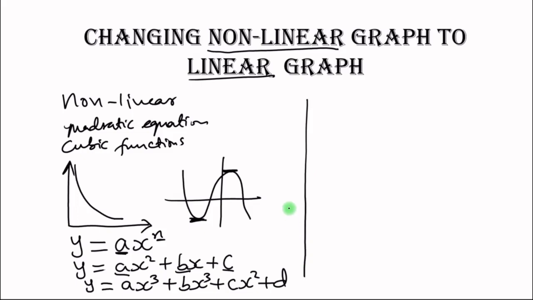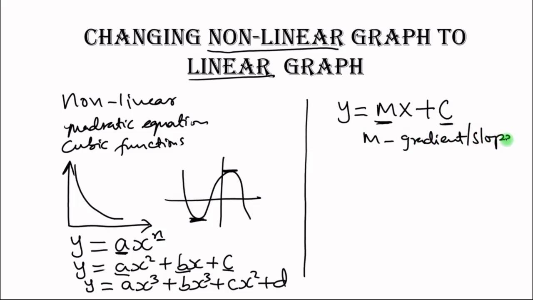Then for a linear relation, we have y equals mx plus c, whereby m and c are constant values. If you plot a graph of y against x, m is the gradient or the slope, and c is the y-intercept.